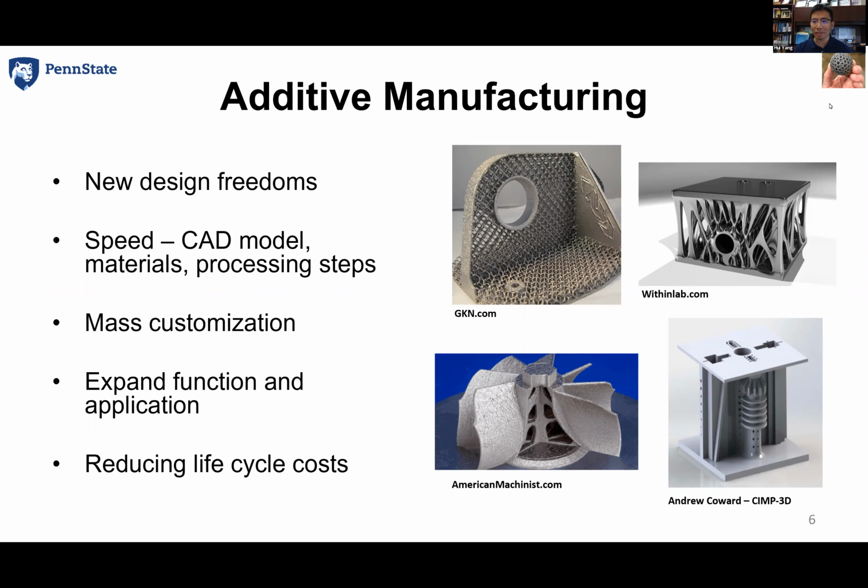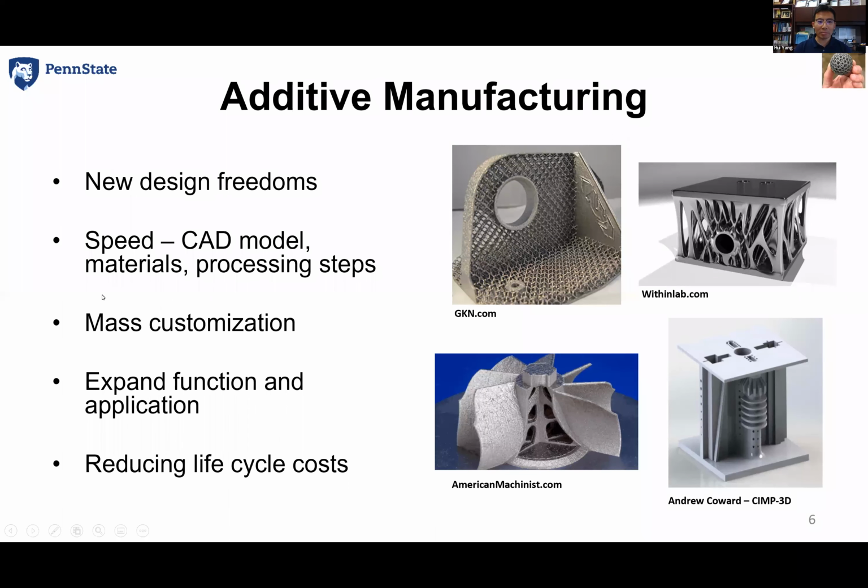Also, at the top right, you see an icon. That's my hand actually holding a ball. That's a nested ball: within the bigger ball, you will see a smaller one. That kind of structure can only be done through additive manufacturing.